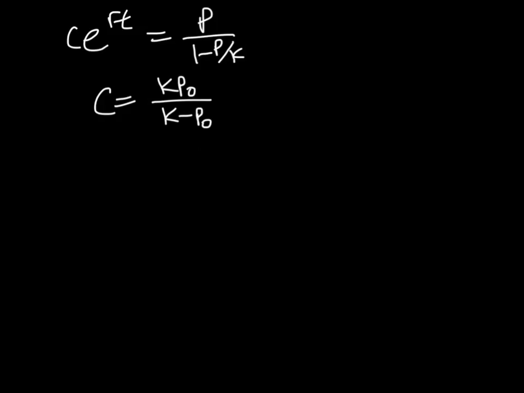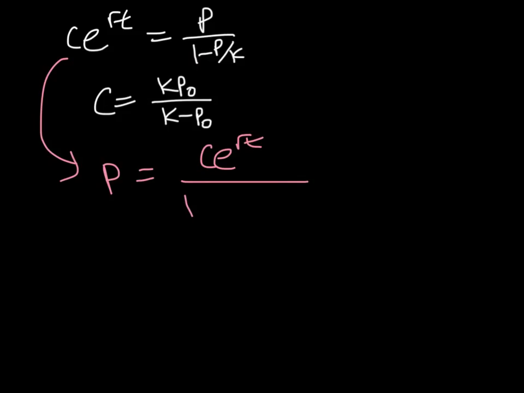Now, taking this first equation that we have here, we can do a bit of algebra and rearranging to get that P is equal to C e to the rt over 1 plus (1 over K) times C e to the rt.